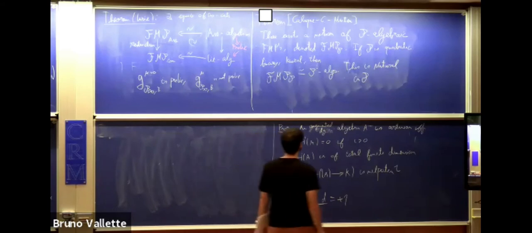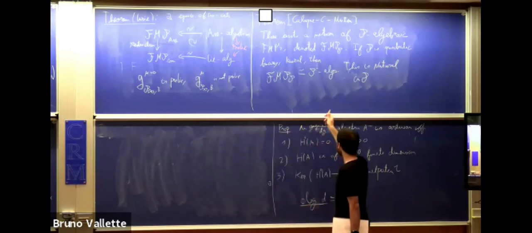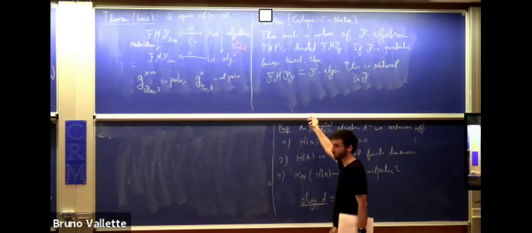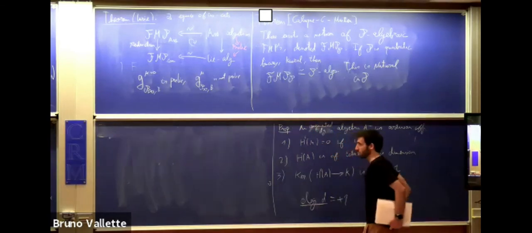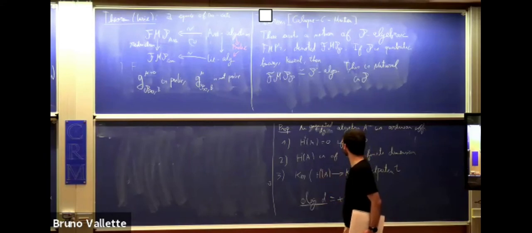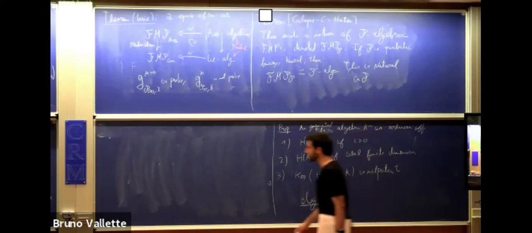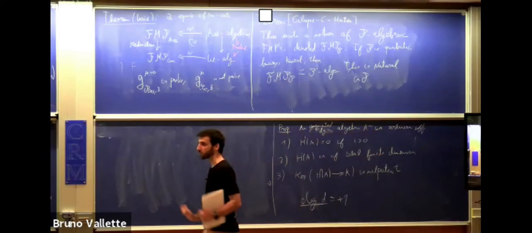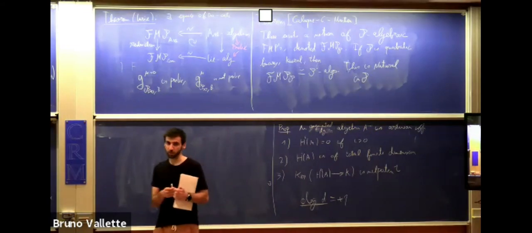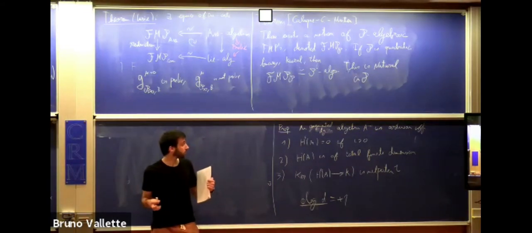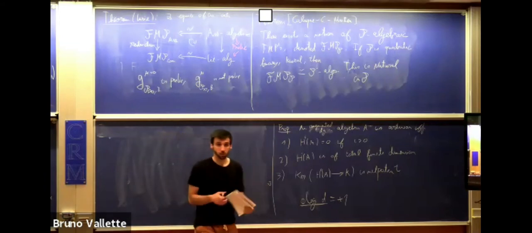You don't actually even need Koszul, but then it will just get more cumbersome. You can replace this by the dual of the bar construction, but whenever there are duals, maybe you need to impose some finite dimensionalities. I invite you to take a look at the paper for the exact conditions, but it's actually very broad.